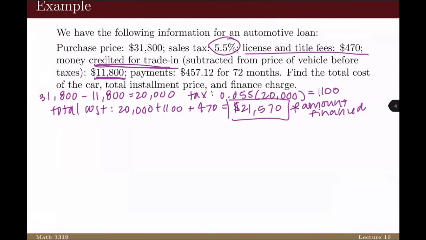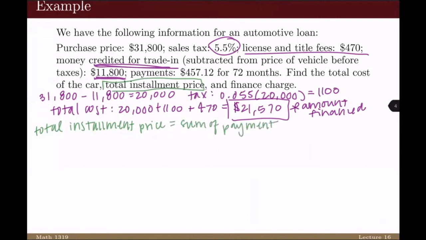Next, what we're going to do is find the total installment price, since that is the next set of instructions right here. So the total installment price is going to be the total amount that the buyer pays. It is equal to the sum of all payments plus the down payment.